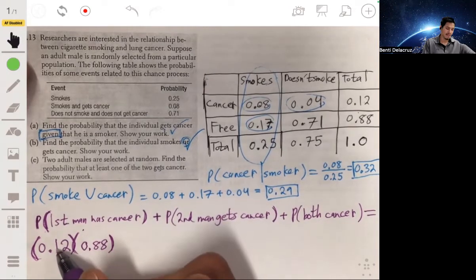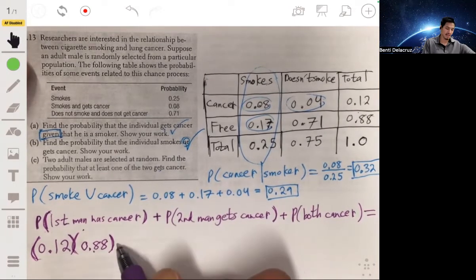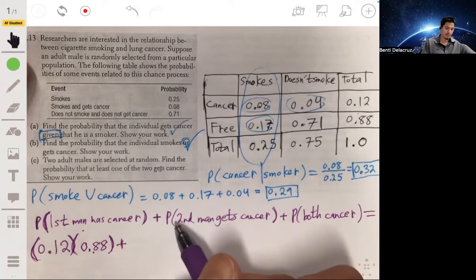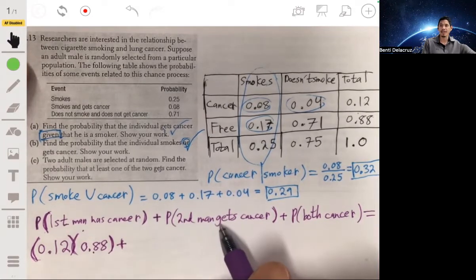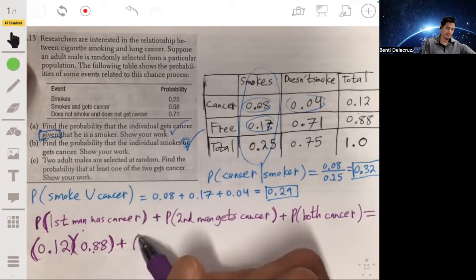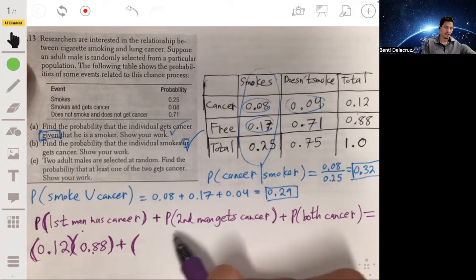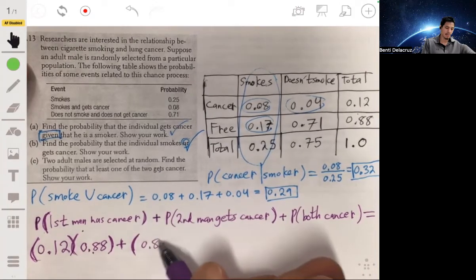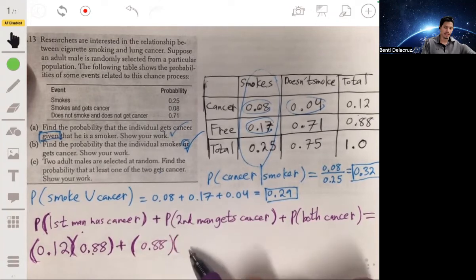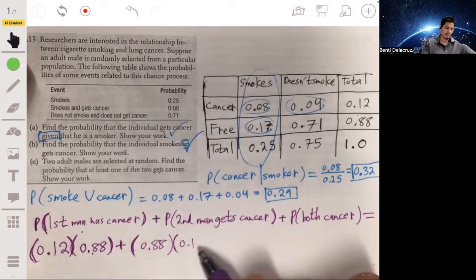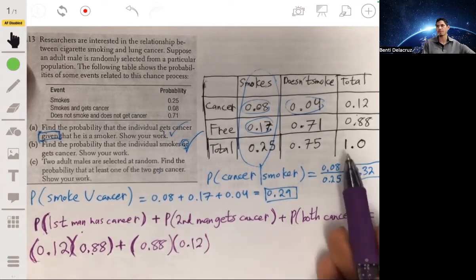Plus the probability of the second guy getting cancer, which means that the first guy doesn't get cancer. So the probability that the first guy doesn't get cancer is 0.88. The probability that the second guy gets cancer is 0.12, because it's still the same.